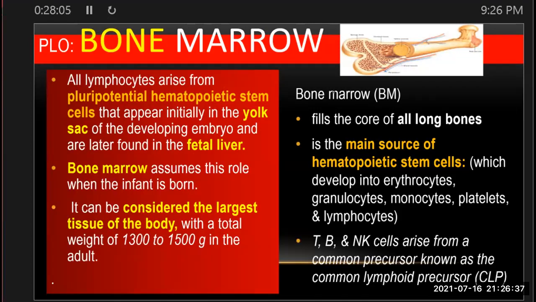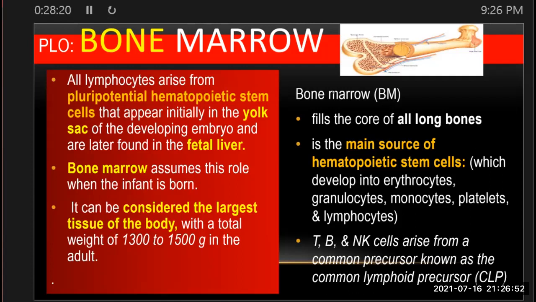There are only two primary lymphoid organs: the red bone marrow and the thymus.